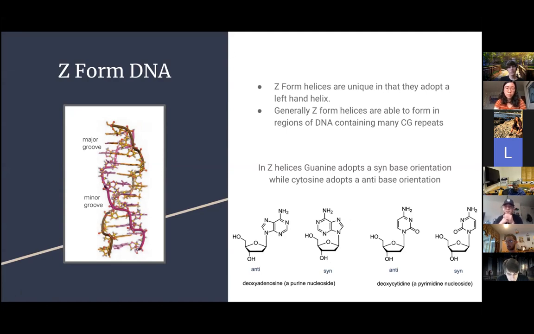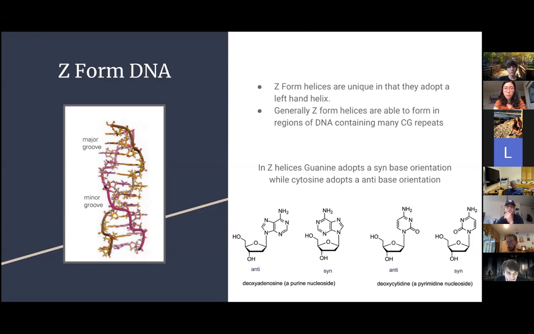However, you will sometimes see Z form intertwined with B form, and when that actually occurs, there will be a melting of the DNA strand at both ends of the Z form DNA. There are various things that could cause this to happen, and I think Professor Kurian will talk about that in upcoming lectures when you start talking about torsional strain.